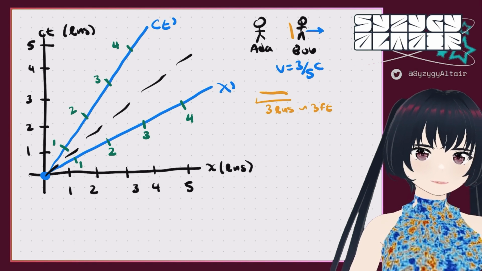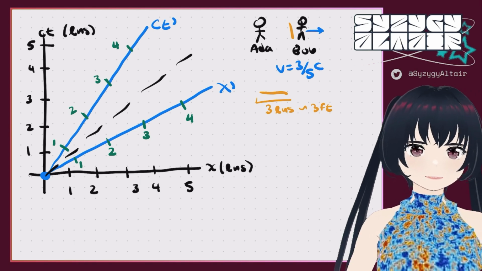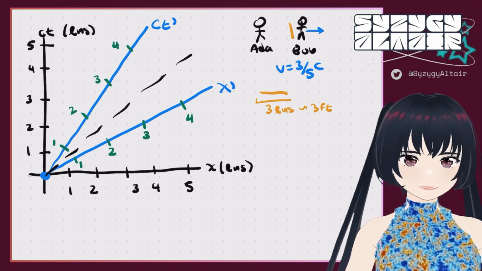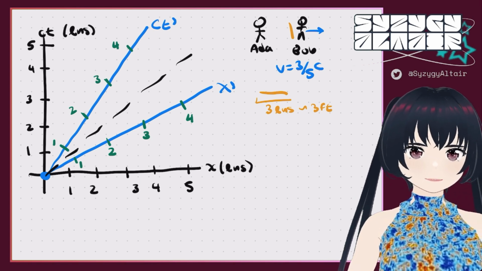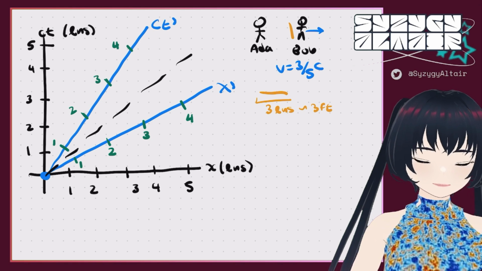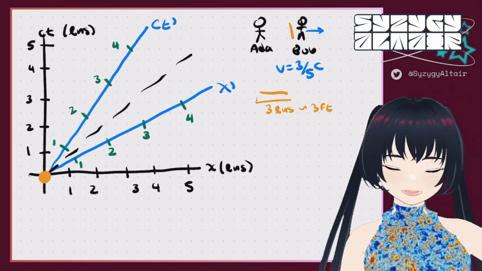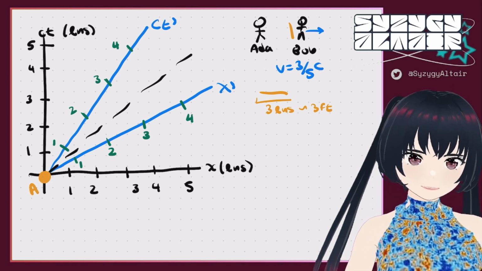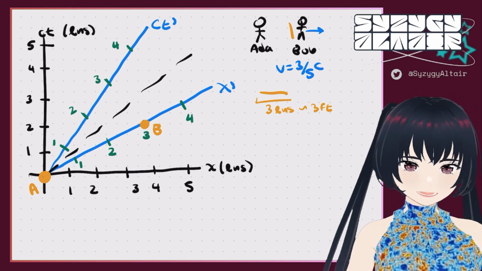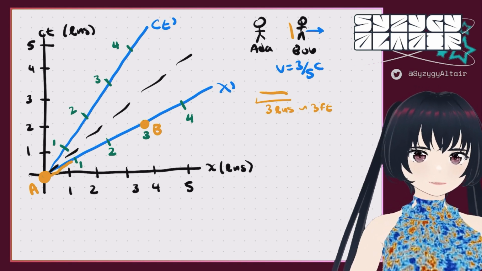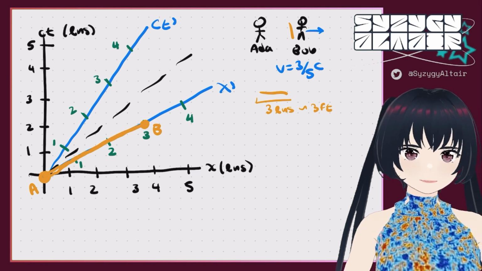Now that we have our axes labeled, we can define the endpoints of the ruler as A and B. So along the x prime axis, we would have the front of the meter stick at the origin at A, and then at roughly 3 light nanoseconds, we would have the point B.